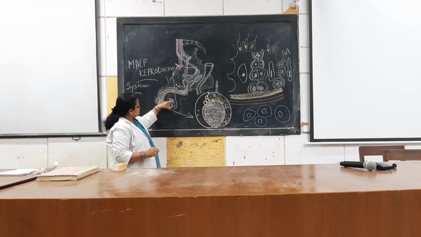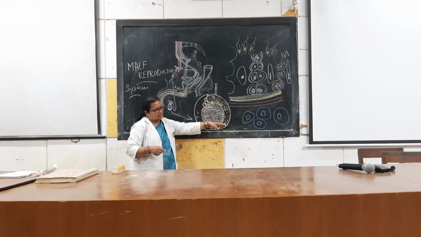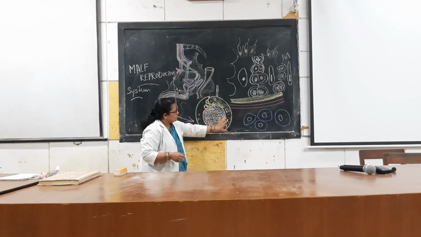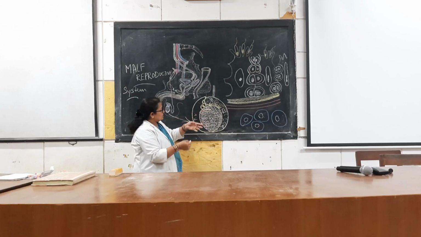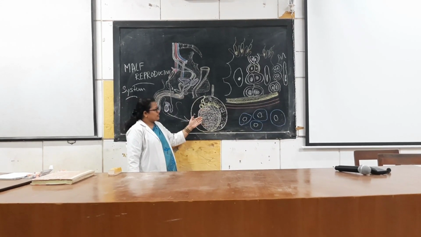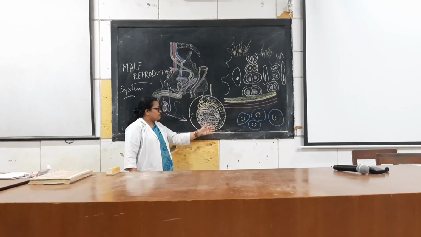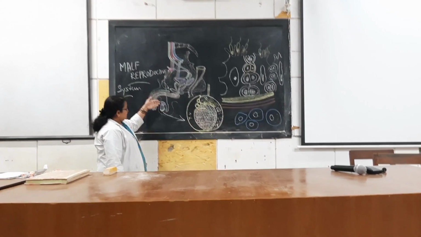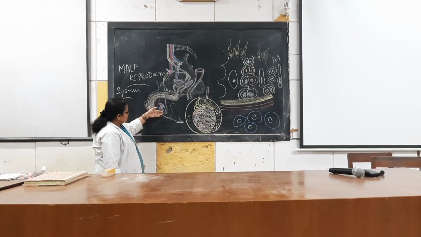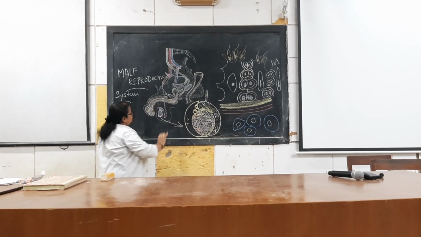The epididymis is always a coiled structure forming the head, body and tail. If you uncoil it, it will be 20 feet in length. The length of each seminiferous tubule is 2 feet, and the length of the epididymis is 20 feet. Then from the tail of the epididymis, the vas deferens continues.